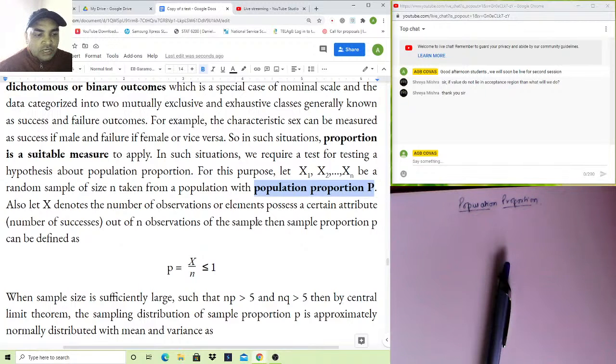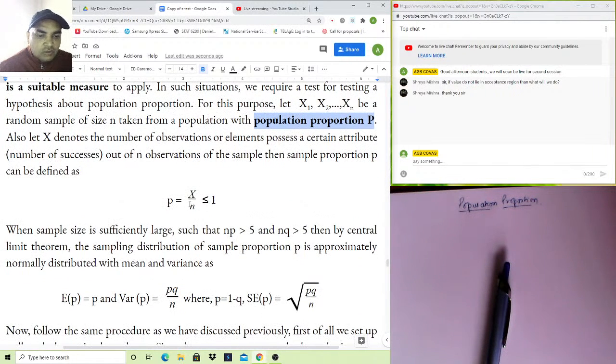Then the sample proportion p can be defined as follows. If there are n individuals we have taken, and out of those the requisite attribute is exhibited by x individuals, what will be your p value? It will be equal to x by n, and it is always less than or equal to 1.